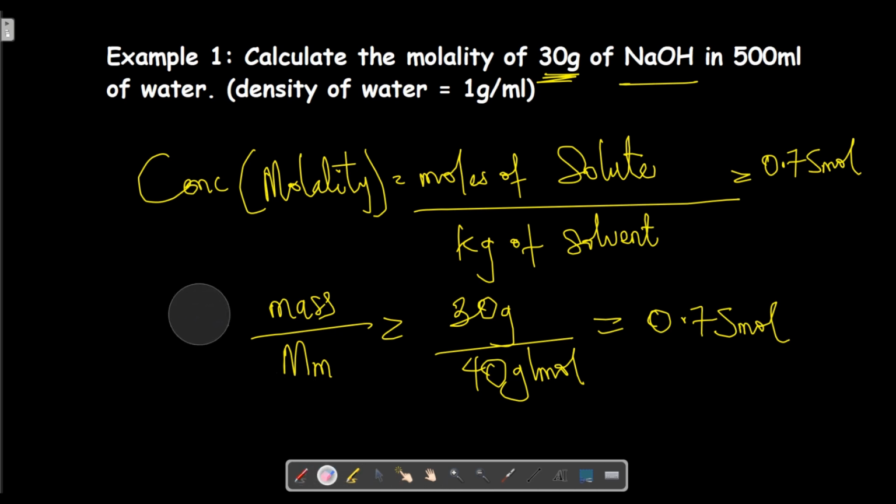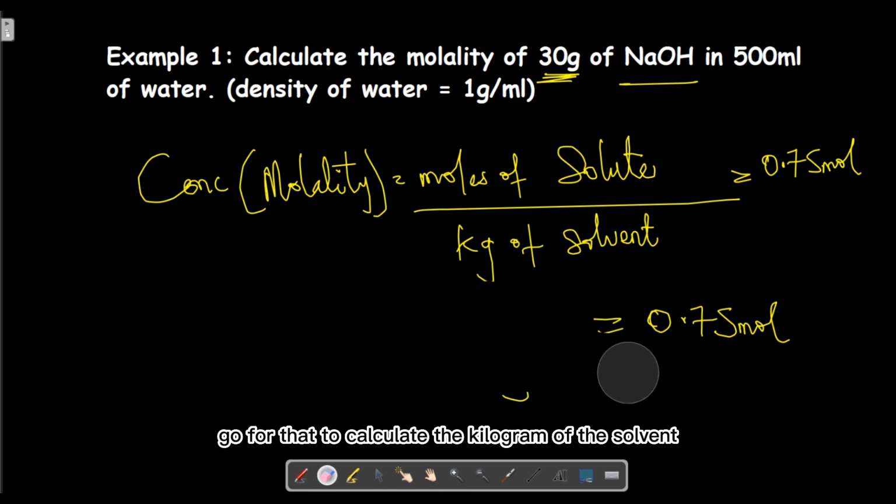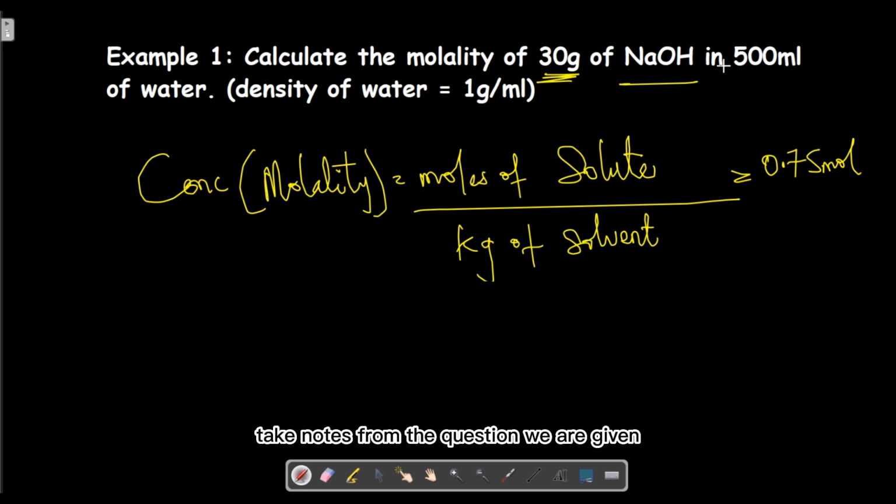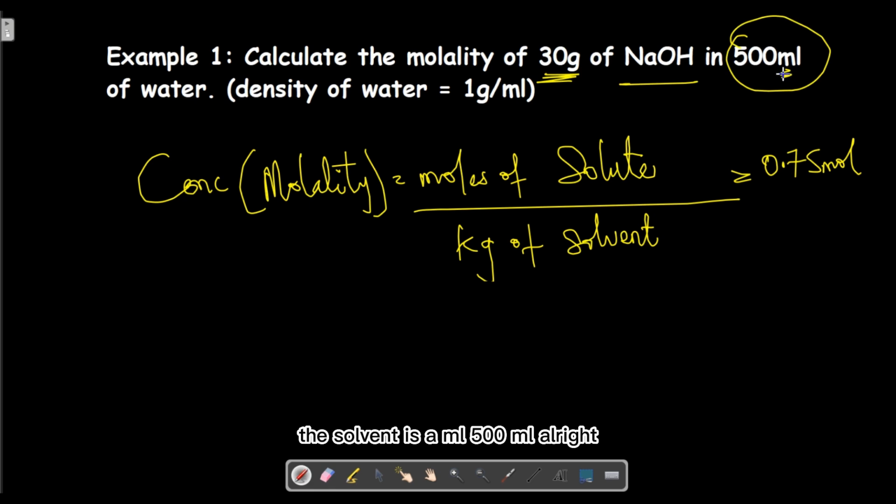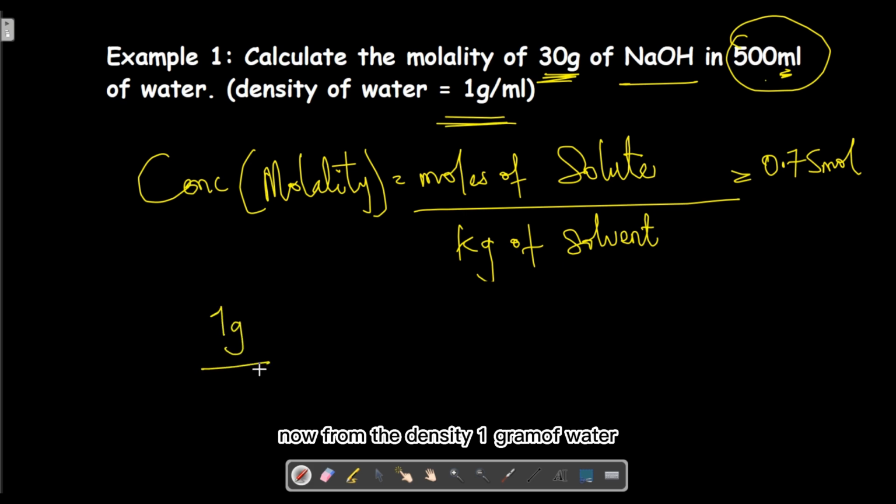And we'll go further to calculate the kilogram of the solvent. Take note, from the question we are given, the solvent is in ml, 500 ml. All right. Now, with the density of water, we can convert this 500 ml to grams. Now, from the density, 1 ml of water weighs exactly 1 gram.